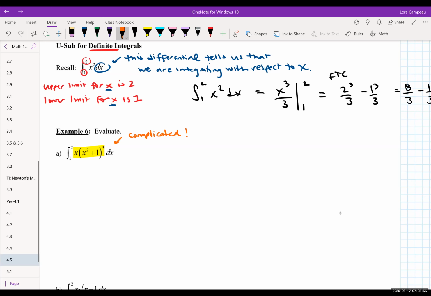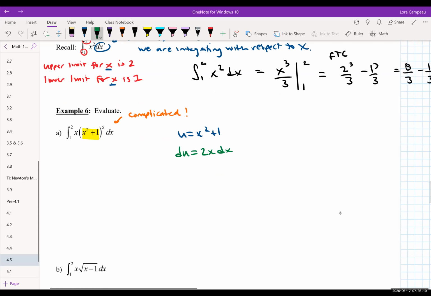I'm using u-sub. You notice it's something taken to a power, so my u should be x squared plus 1. That's fine. I can find my du. That's 2x times dx, taking the derivative of u with respect to x.